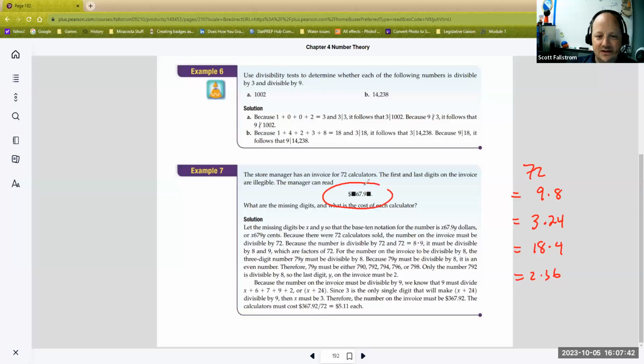So when you see something like this, you could say, well, wait a minute. 72 calculators, it has to be divisible by 2. So the last digit has to be even. I also know it has to be divisible by 4, which means the last 2 digits have to be divisible by 4.